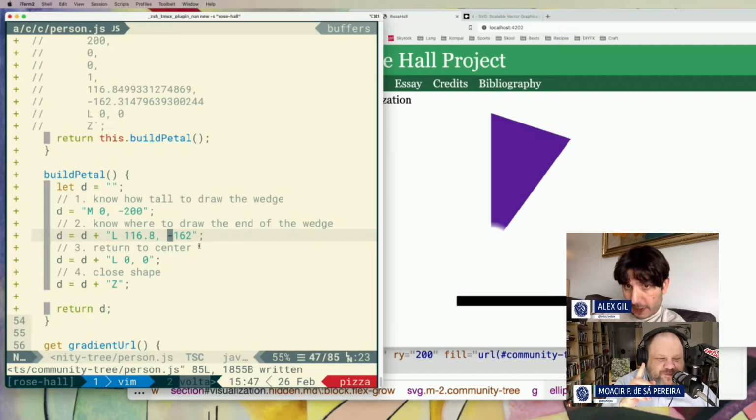Ashley just wrote, did you mess with the Logo turtle when you were a kid, or were you not sufficiently upper middle class? What's the Logo turtle? Man, I had all the upper middle class toys. Logo is a programming language where you used a little turtle and you drew pictures with him.